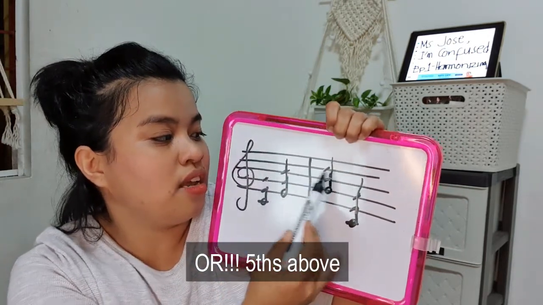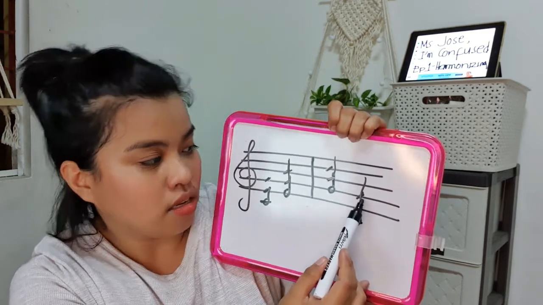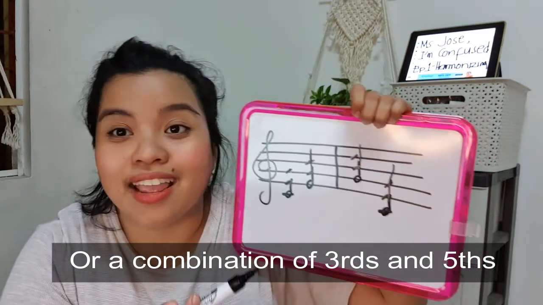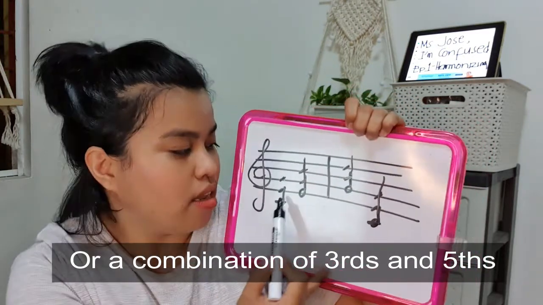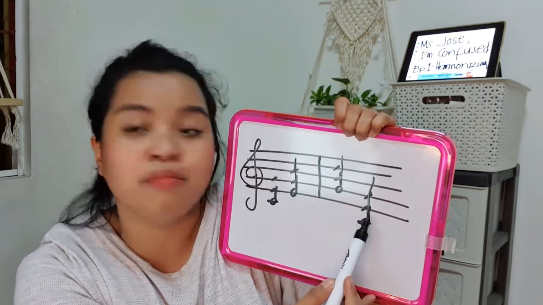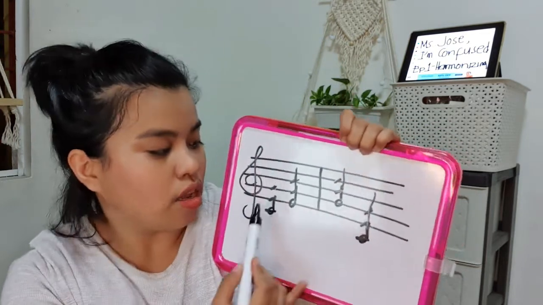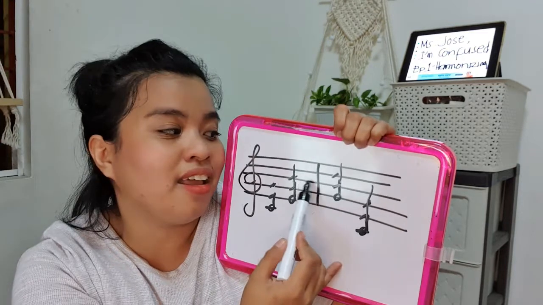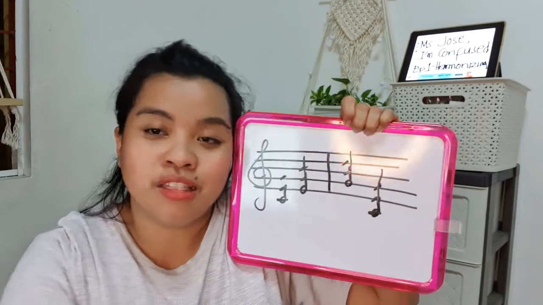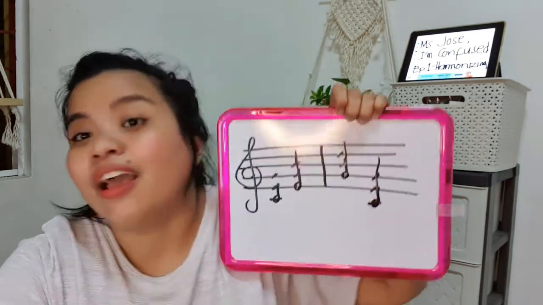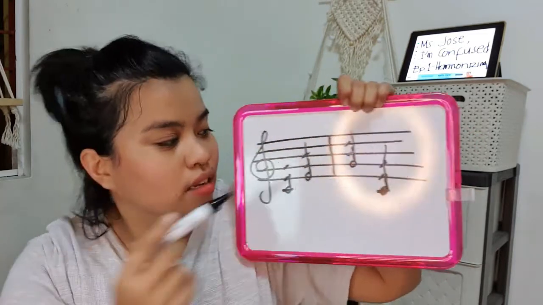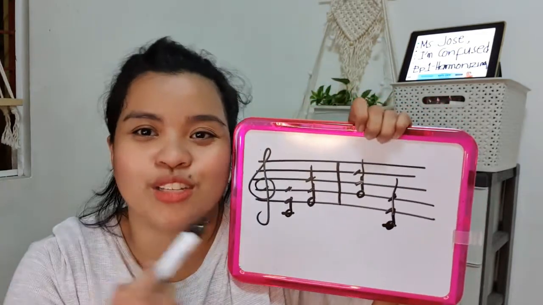Sol, si, re, so, or a combination of thirds and fifths like mi, si, re, mi. What I did was third, fifth, fifth, third. You vary thirds and fifths, but if you can, that's fine with just the thirds or just the fifths.